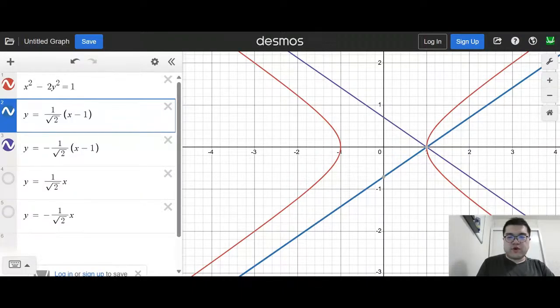So we end up with something like this: y squared times the quantity 1 minus 2m squared, or we can put it the other way around, plus 2my, is going to be equal to 0. So we end up with something like this.